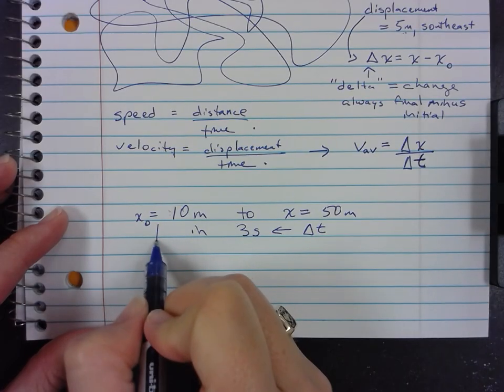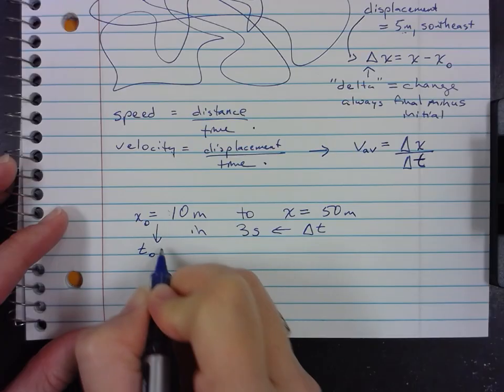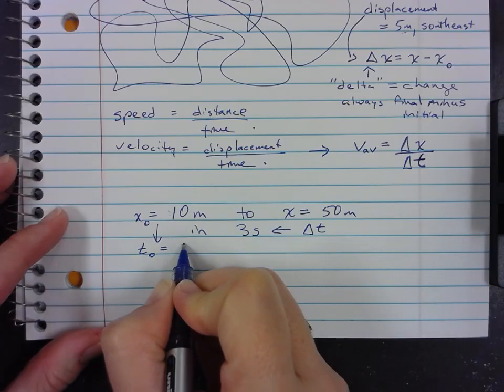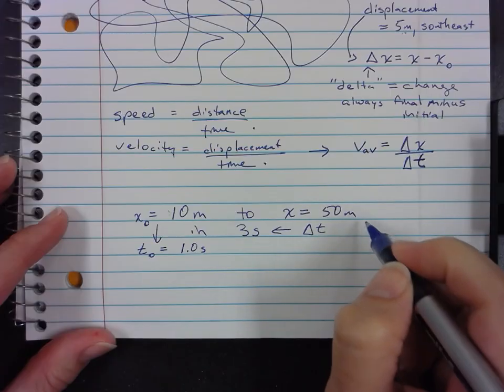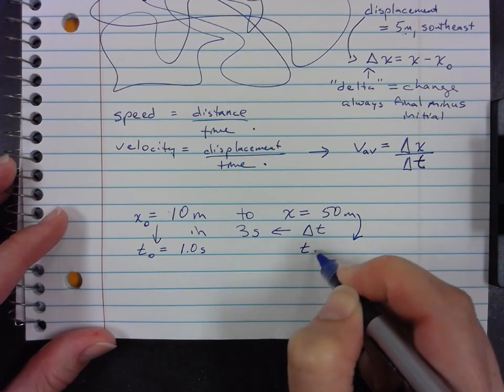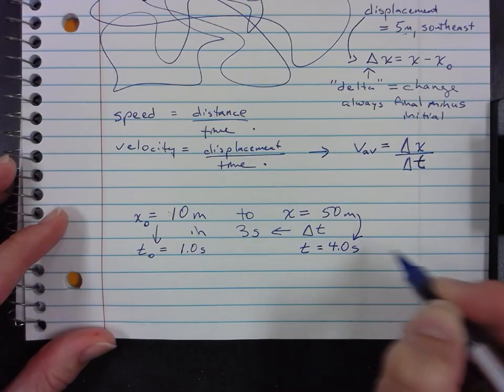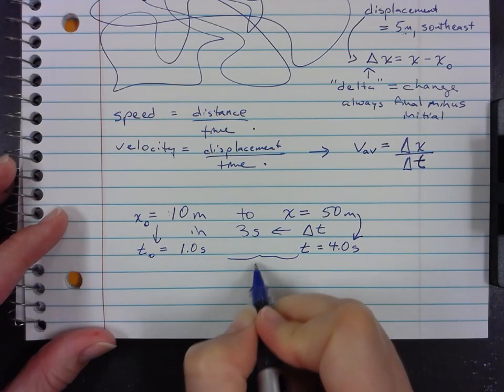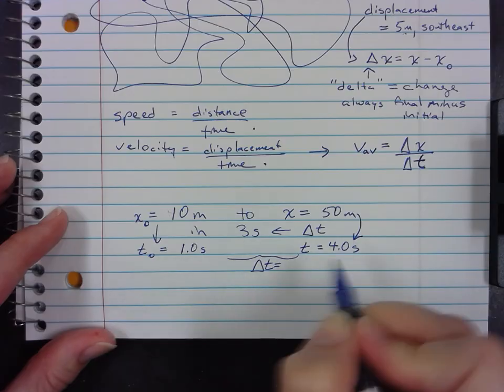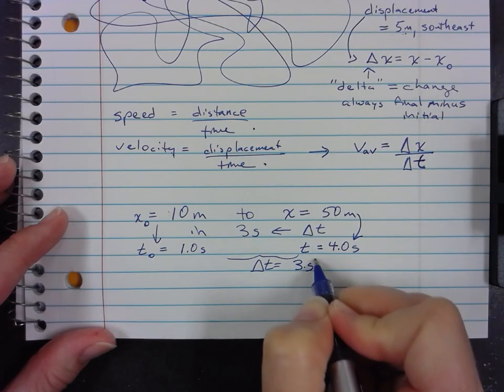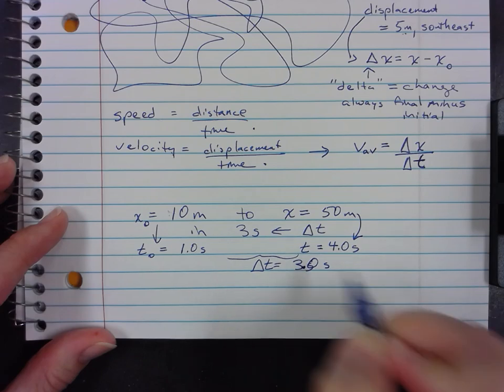If I say instead that you pass here when the clock says 1.0 seconds, and you reach this location when the clock says 4.0 seconds, then you would subtract those to get the change in time is 4 minus 1, or 3 seconds. Really 3.0 with the way I wrote it there.